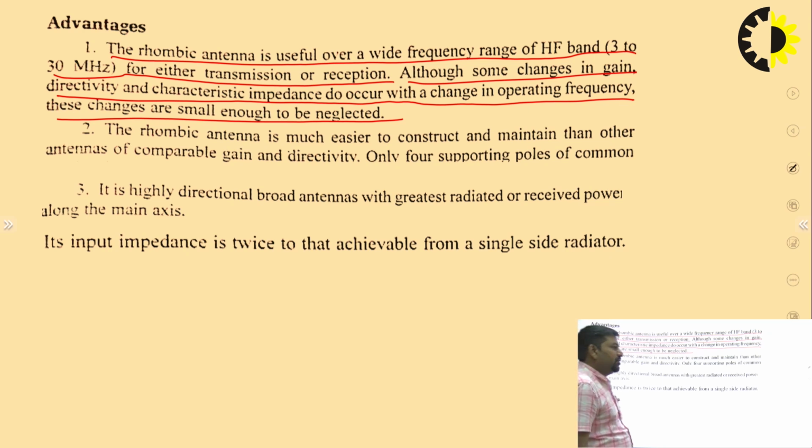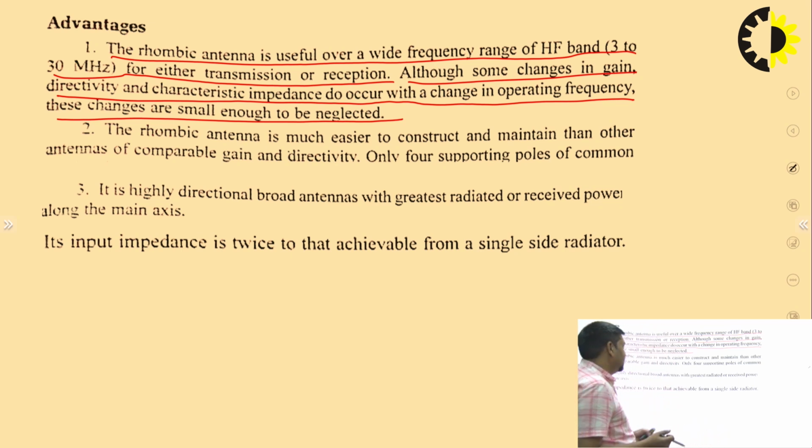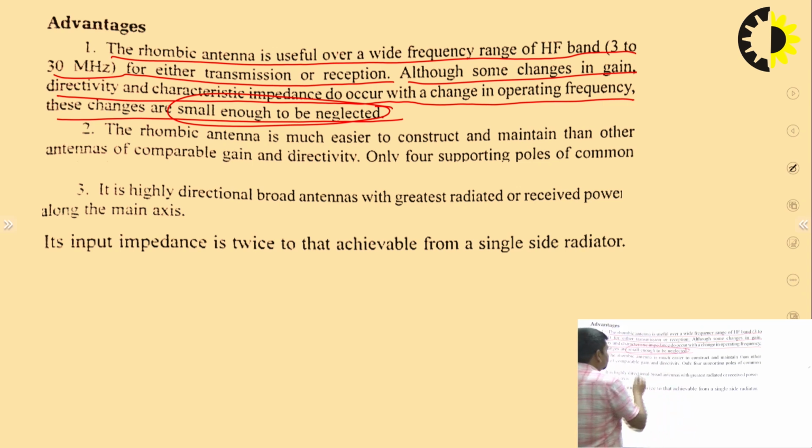But if we perfectly match the transmission line to the load, most of the power is transmitted to the load and we receive the whole signal. These changes are very small, so we neglect them. If I transmit 1 watt of power, 1 microwatt is converted into heat. So we can say these small changes are not significant for communicating purposes.